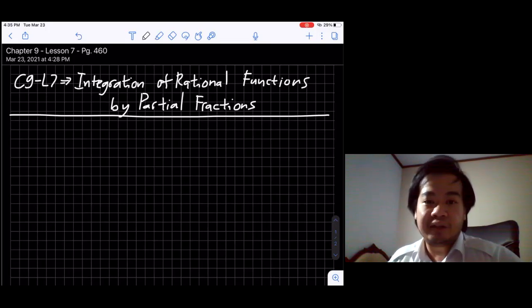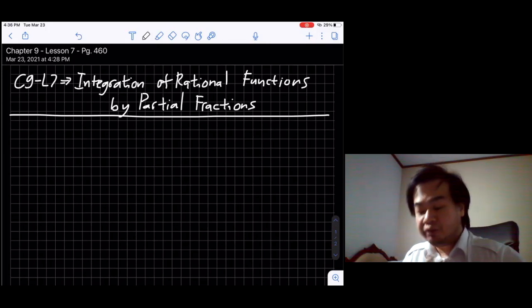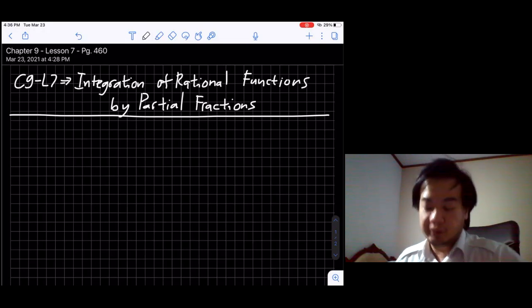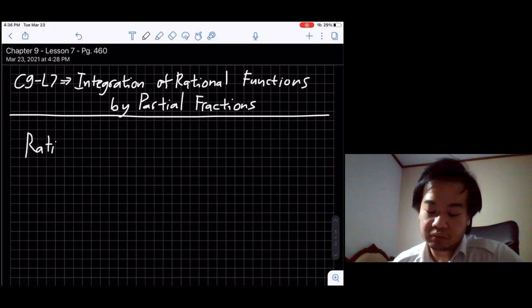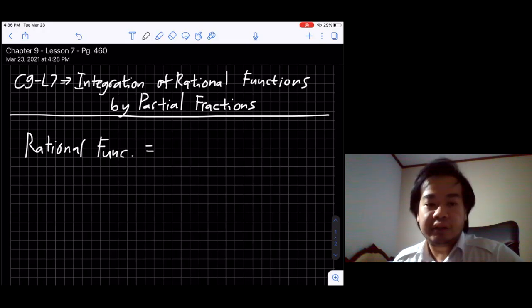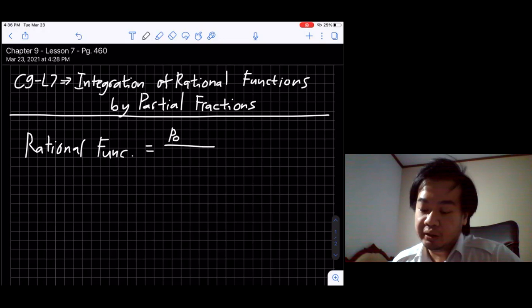And from the title of the lesson itself, it's quite clear that this method is used when you want to integrate rational functions. So let's review a bit. What is a rational function anyway? You have learned this in Algebra 2 class in 10th grade, that a rational function is a function that can be expressed as a quotient of two polynomial functions.